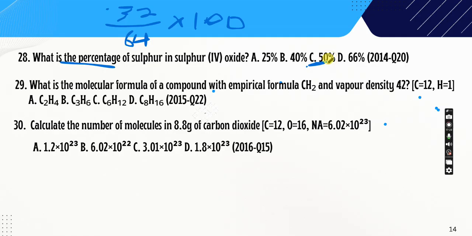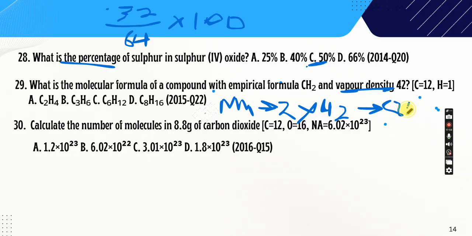Option C. So the molecular formula of a compound with empirical formula CH2 and vapor density 42 is dash. If you watch the first episode, I said the molar mass is equal to 2 multiplied by the vapor density, which is 42 here. So the molar mass will be 84.